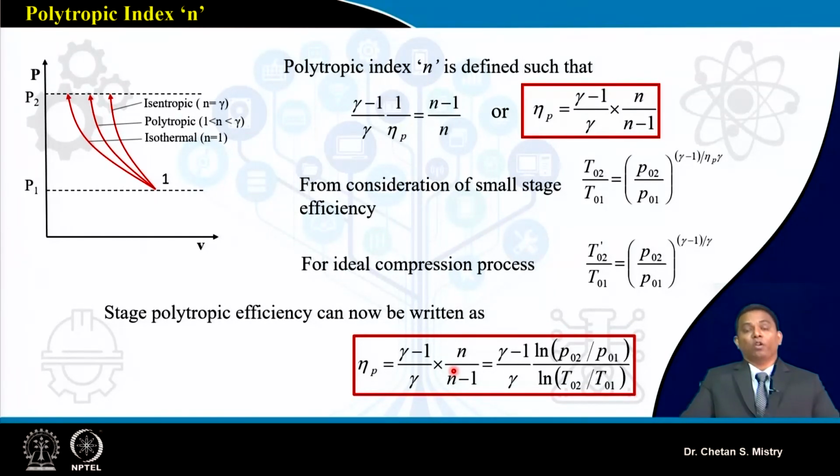So what we have discussed today is our compression process as a thermodynamic process, and we have represented all stages at the entry and exit of our stage, or of a number of stages, in an overall sense on the TS diagram. Then we understood what is happening in the rotor and stator on the TS diagram.